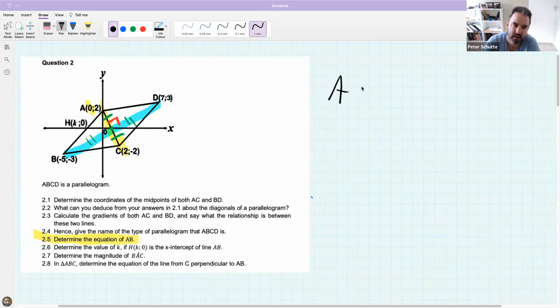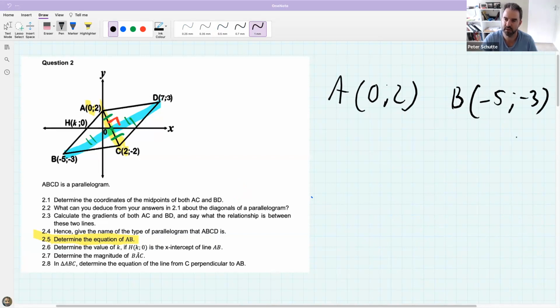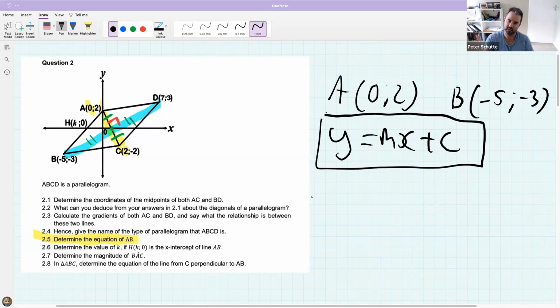So A is the point (0, 2) and B is the point (-5, -3). So can you find me the equation of the line, which we know is going to be in that format?